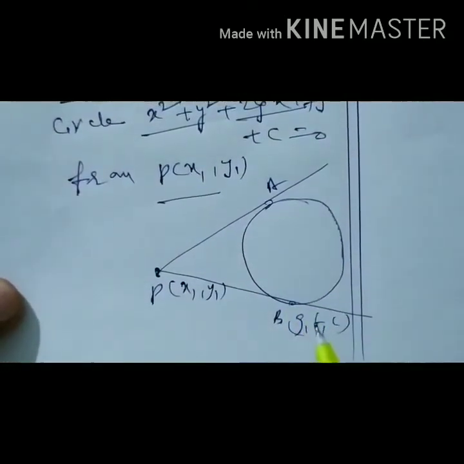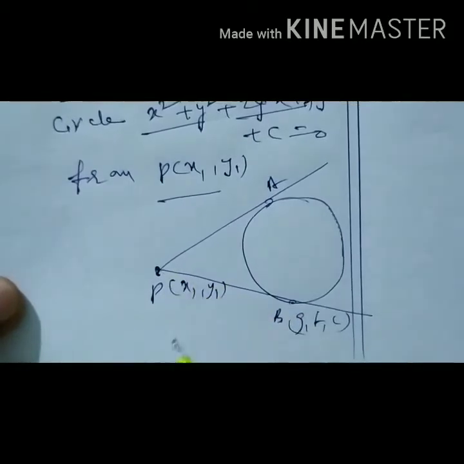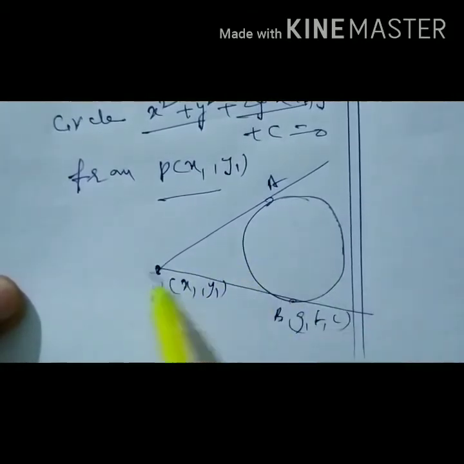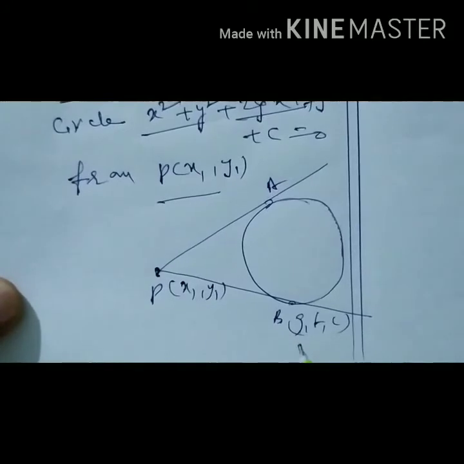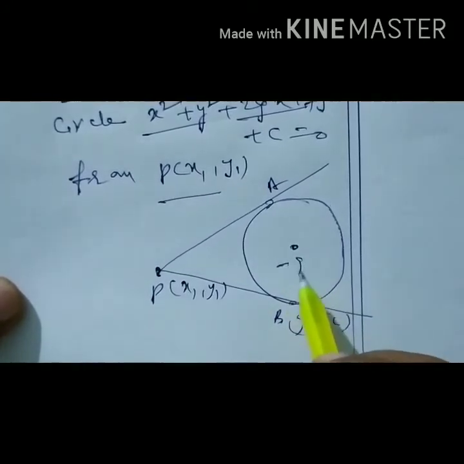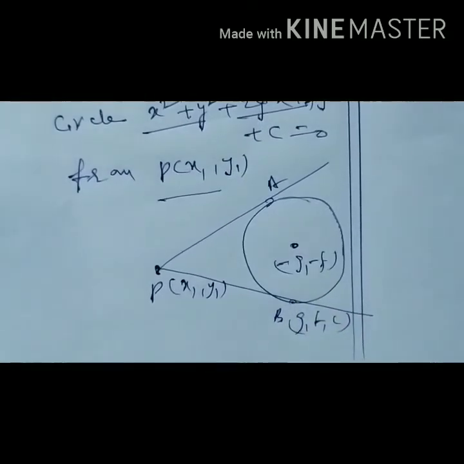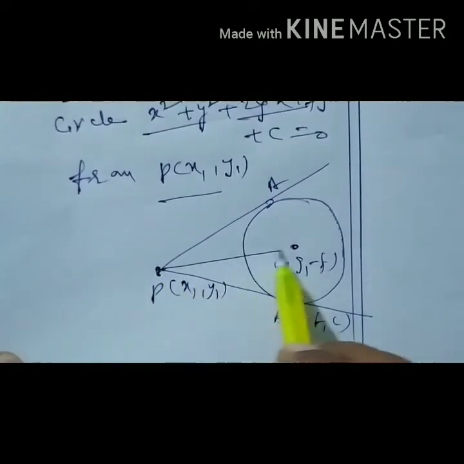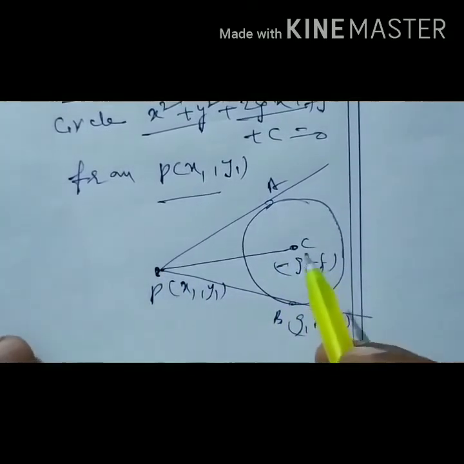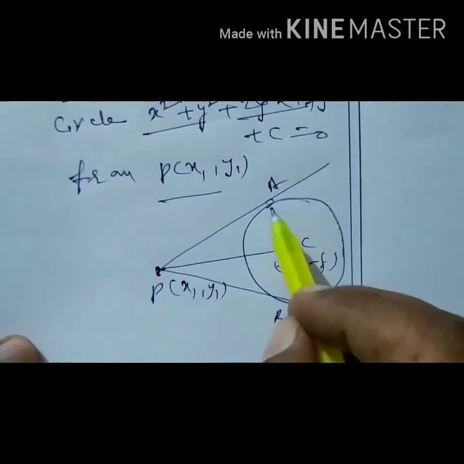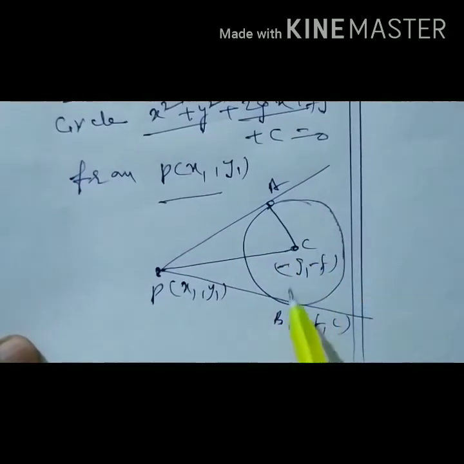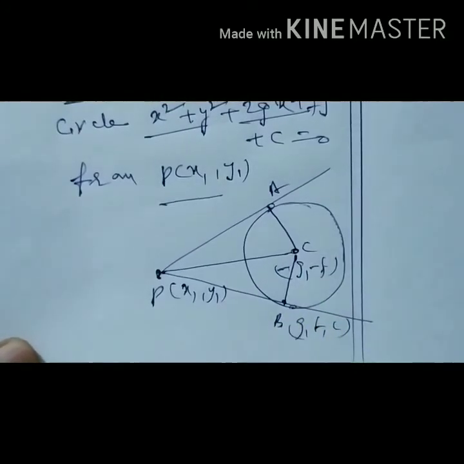S = 0 is the circle. P is an exterior point to the circle. From P we can draw PA and PB, two tangents to the circle, and the center of the circle here is (−g, −f). Now we need to find the length of the tangent. If we join P to the center of the circle, and join A to C and B to C, we get two similar triangles.